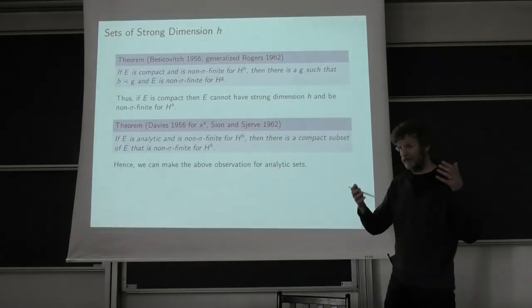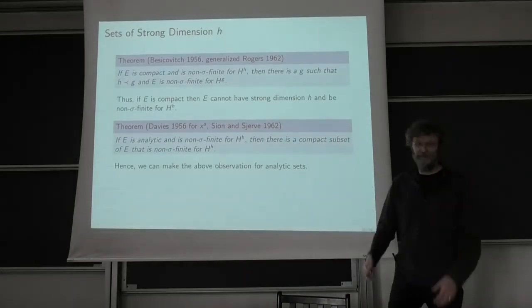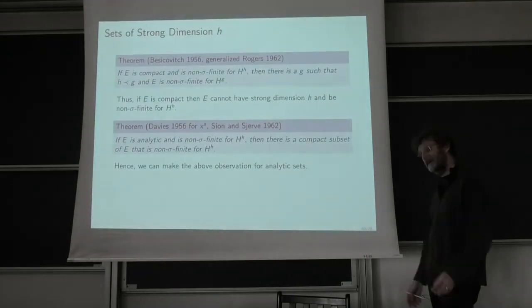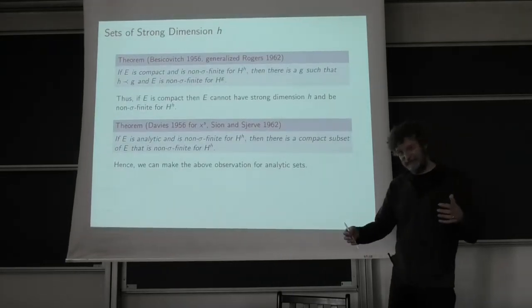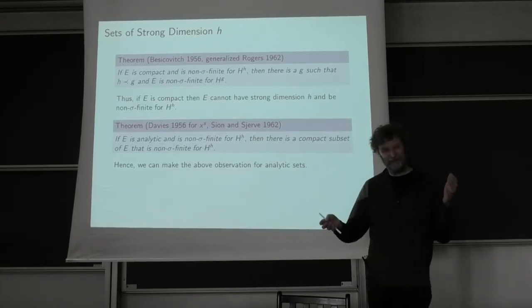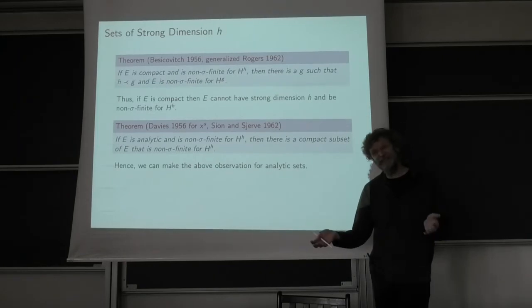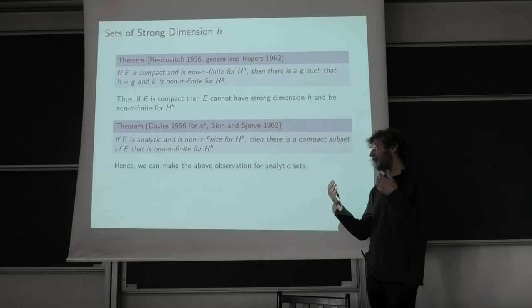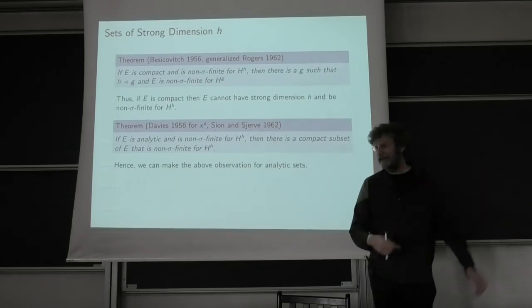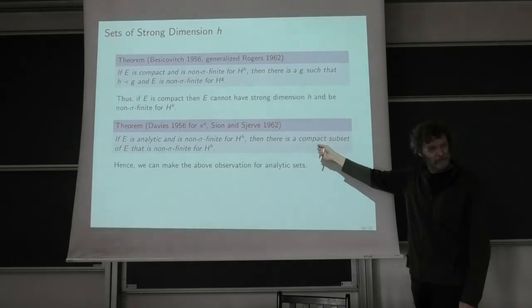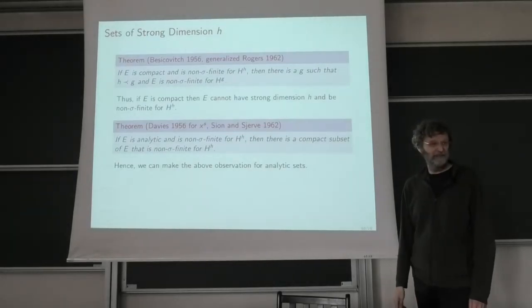Okay, so for analytic sets, if the analytic set is not sigma finite, in other words, it's very, very large from the point of view of the gauge function h. If the set is very, very large and it's analytic, then it has a compact subset, which is also very, very large.